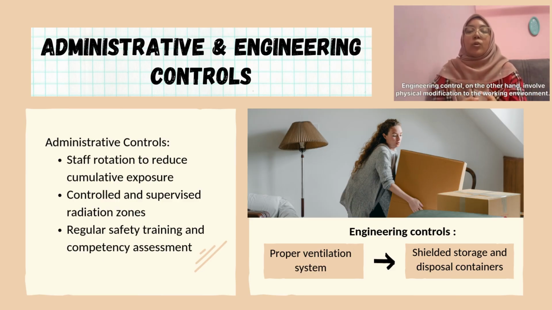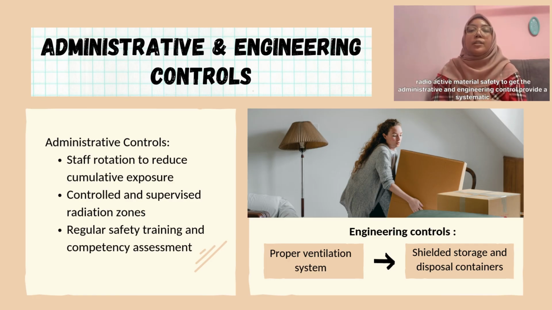Engineering controls, on the other hand, involve physical modifications to the working environment. Examples include ventilation systems, fume hoods or laminar flow cabinets for radiopharmaceutical preparation, and shielded storage and disposal units to manage radioactive material safely. Together, administrative and engineering controls provide a systematic approach that enhances safety and reduces reliance on individual behavior alone.